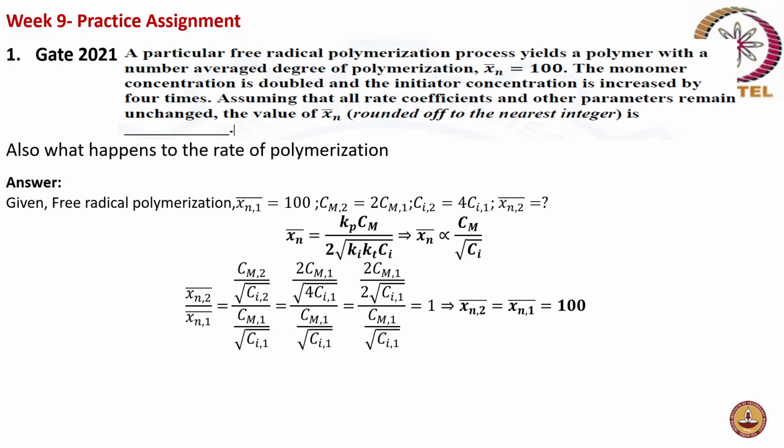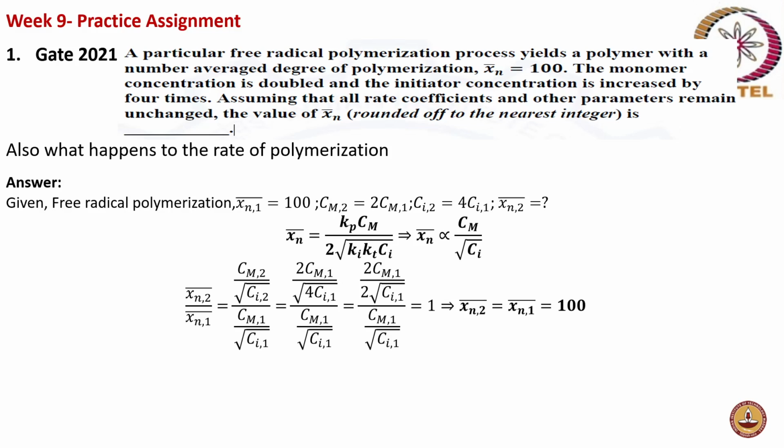So they are given the relationship between Cm2 and Cm1 and similarly Ci2 and Ci1. So it is Cm2 is nothing but 2 times Cm1 divided by square root of 4 Ci1, divided by Cm1 by square root of Ci1. So Cm1 gets cancelled. Square root of Ci1 gets cancelled, and when you take root 4 out of the square root, you will get 2. So 2 by 2 is nothing but 1.